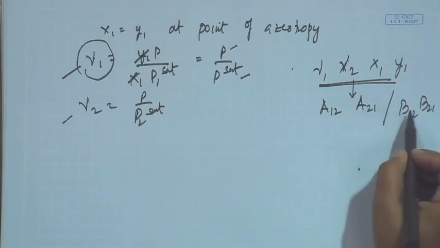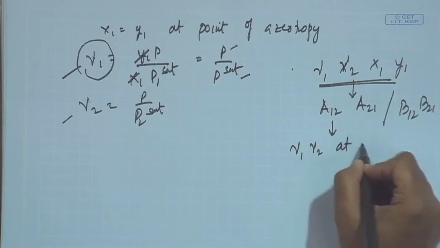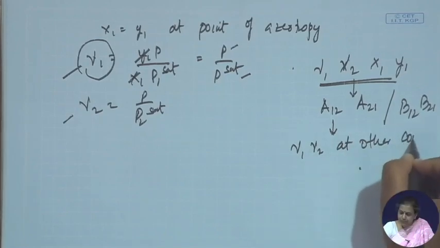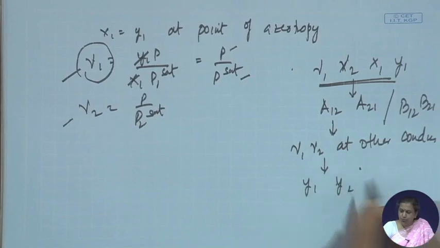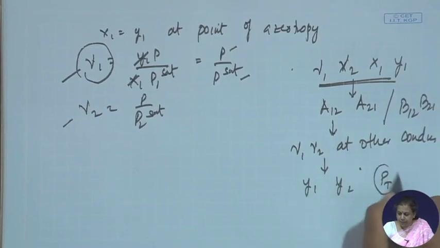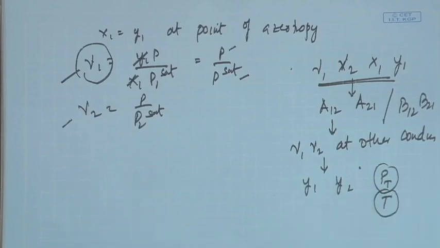And once we can find this out, from these we can find gamma 1, gamma 2 at other conditions, from which we can find y1, y2, and P if P is not given, or T if T is not given, under that particular condition. So the calculations become pretty simple under these conditions.